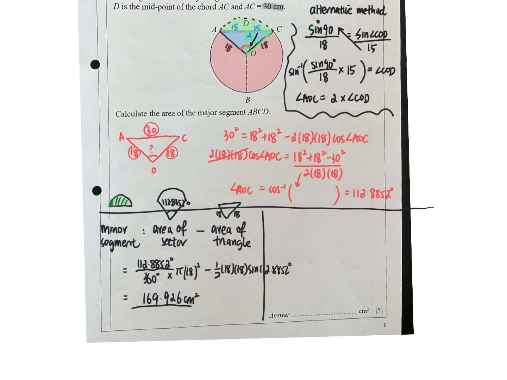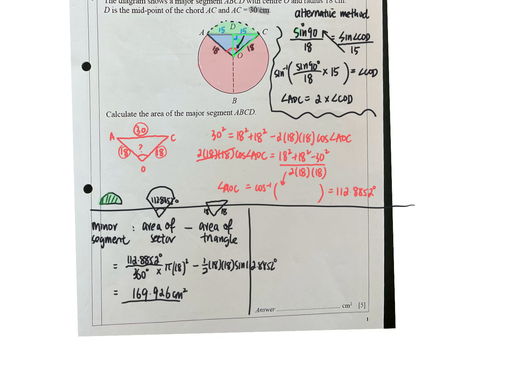Okay, then once you find the green zone, remember your purpose is to find the blue and the red, right? So to find the area of the major segment, you need to use the full circle, take away that tiny portion there. So it is pi r squared, take away your 169.926.